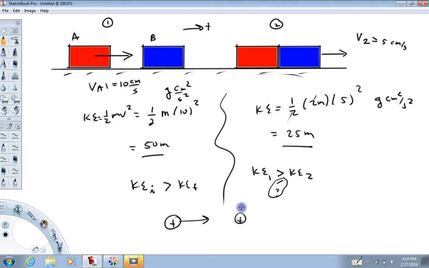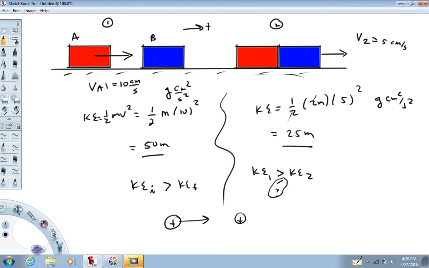Now the good news is that, as I showed in my previous couple of videos, usually we can be clever about how we define our system. Usually if we define our system as the whole kit and caboodle, the net force on that system is zero, and we will get a momentum conservation. And only sometimes will kinetic energy be conserved.